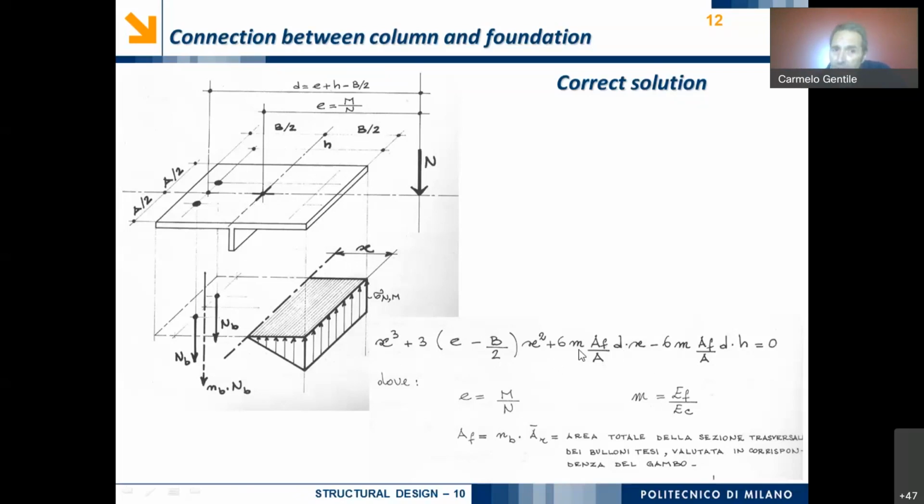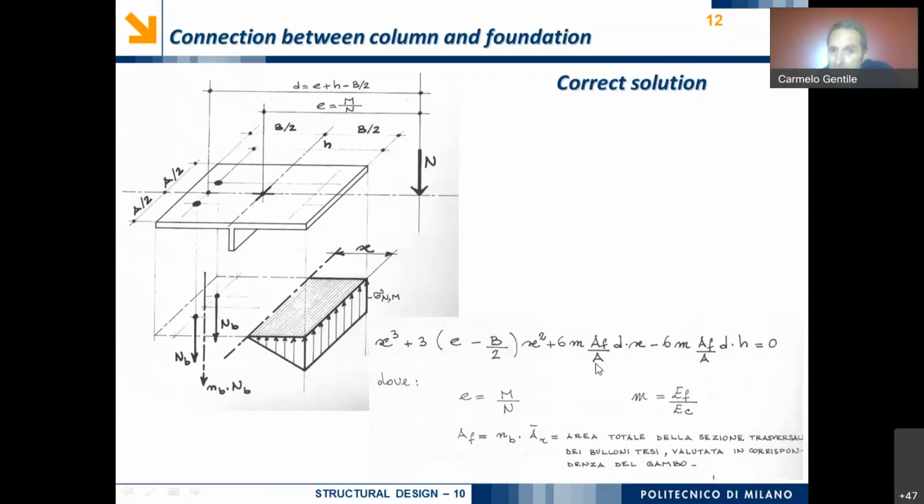AF is the steel area of the two bolts. M is the ratio between the Young's modulus of the steel and the Young's modulus of the concrete. This coefficient will become very important in the analysis of reinforced concrete cross sections.